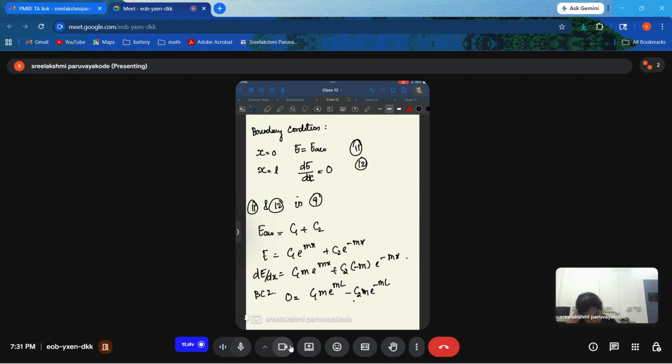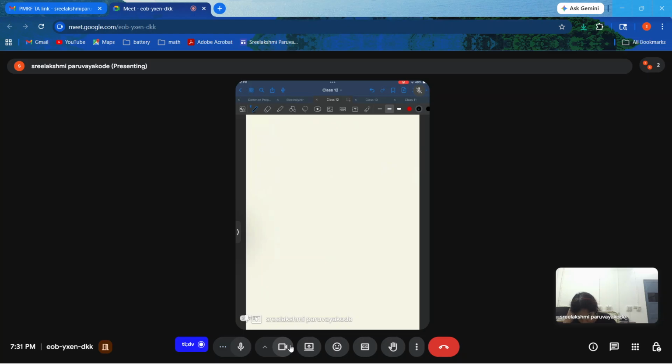Now, I know C2 from this equation. If I come and substitute over here, I'll get C1 e to the power ml plus EAC naught minus C1 e to the power minus ml equal to 0. Now, let me just rearrange: C1 times (e to the power ml plus e to the power minus ml) equal to EAC naught e to the power minus ml.